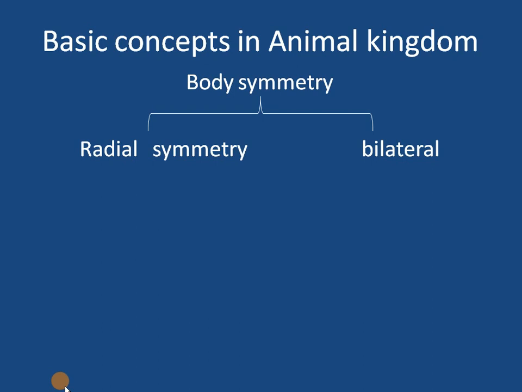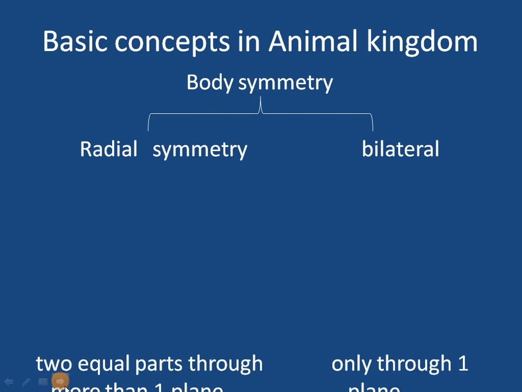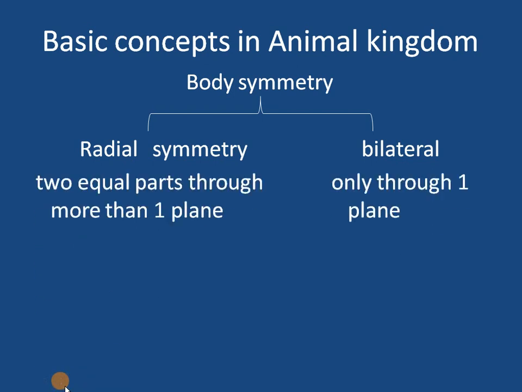So what is radial symmetry? Radial symmetry is that symmetry where the body can be divided into two equal parts through more than one plane. And in bilateral symmetry you will get such two equal parts only through one plane. I will repeat once again.